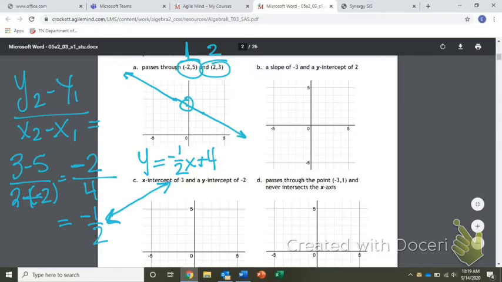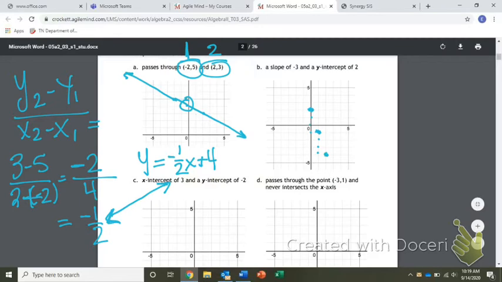Now, on B, it says you have a slope of negative 3 and a y-intercept of 2. So remember, we always start at our y-intercept. So I'm going to go ahead and put this on positive 2. Okay? We have a slope of negative 3, so it's going to be going down. So we're going to count 1, 2, 3 down over 1.